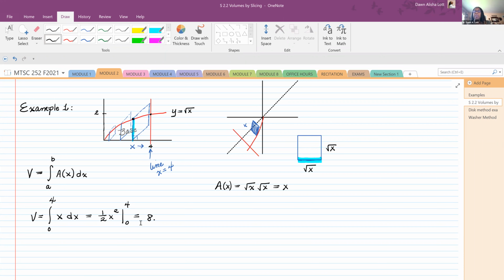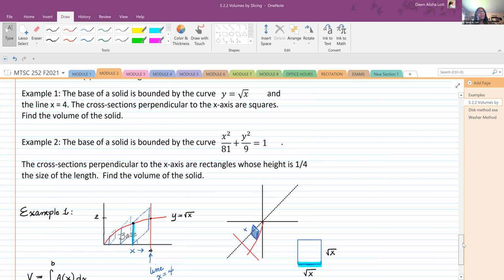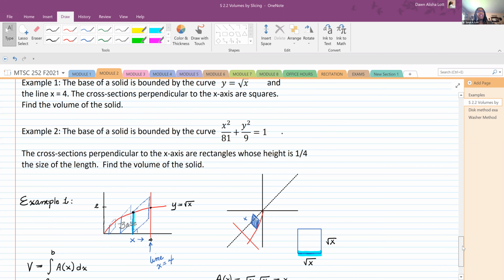Okay, so write down example 2. Example 2. Now the base of a solid is bounded by the curve x squared over 81 plus y squared over 9 is equal to 1.